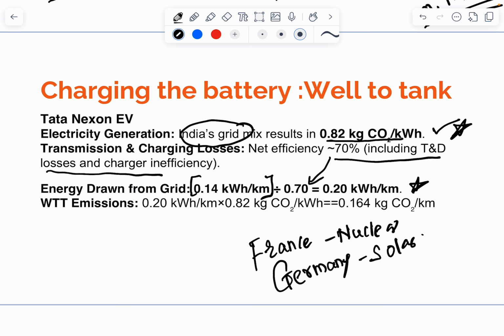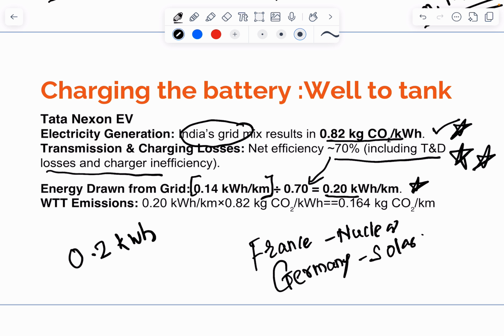With this 70% efficiency, that is 30% losses, my energy drawn from the grid would be much more, which is 0.2 kilowatt hours per kilometer. Again, these values would differ from place to place. If the efficiency is much more, the values would be less. If the losses and the theft are more, the value would be much higher, right? So the parameter comes to 0.2 kWh per kilometer, which is the energy.